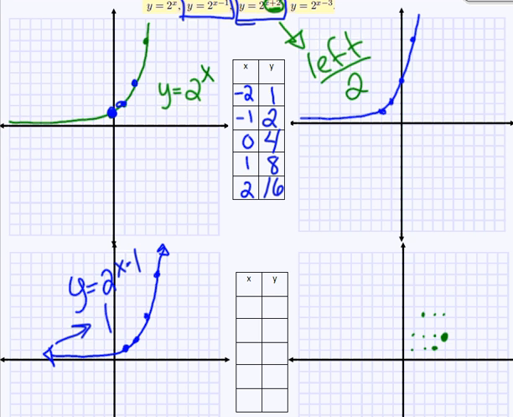So 1, 2, 3 is going to be here. And we normally have 3, 8. 3, 8 is here. 1, 2, 3. That becomes 6, 8. Okay, so we still have our horizontal asymptote of y equals 0. We've just moved everything to the right 3 points. Same as y equals 2 to the x, just moved to the right 3.